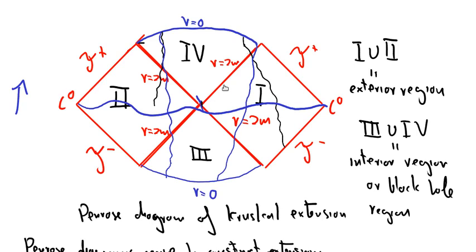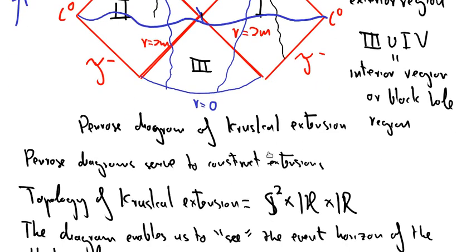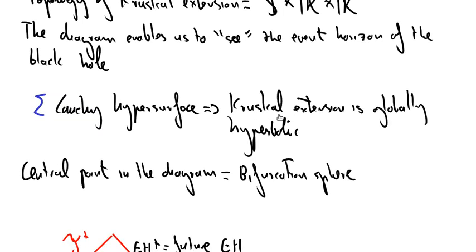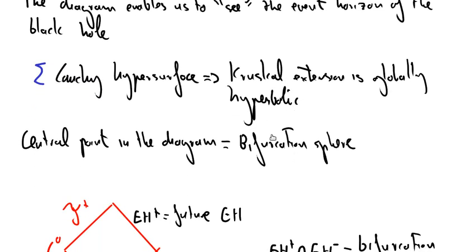Coming back to Schwarzschild, if you look at the structure of Schwarzschild, this corresponds to the so-called Rosen throat, also called Einstein-Rosen bridge.